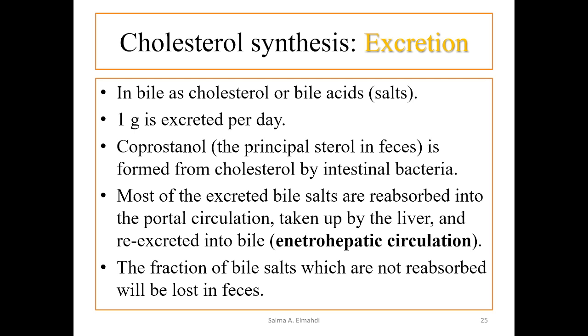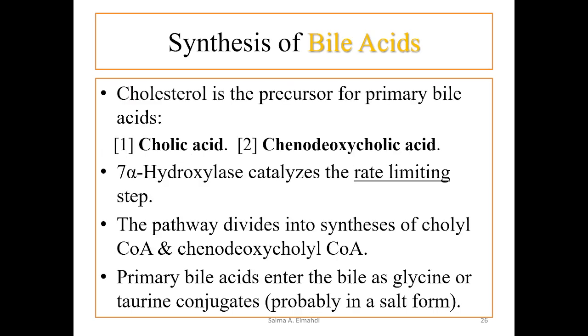And as the meal goes through the small intestine, there is reabsorption of bile acids back into the blood and back into the liver. This is what we call enterohepatic circulation, to be reused again and excreted again in the bile. The fraction of bile acids which are not reabsorbed back into the circulation will be lost in feces.